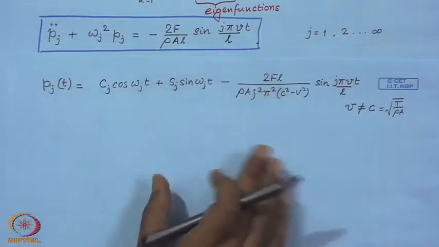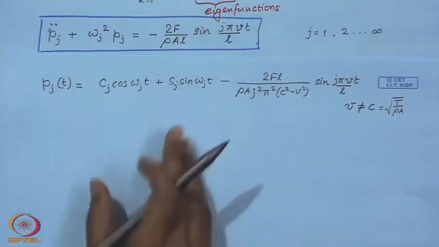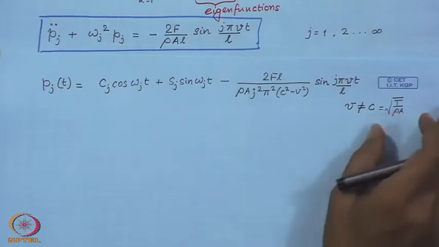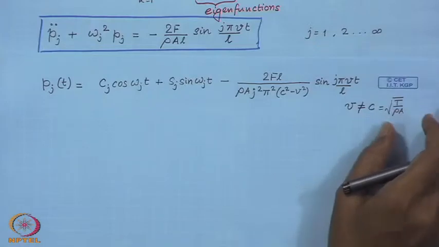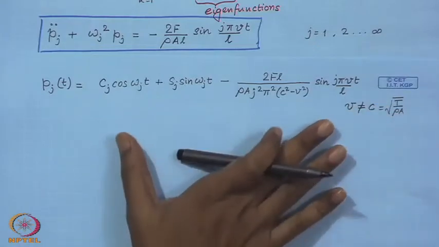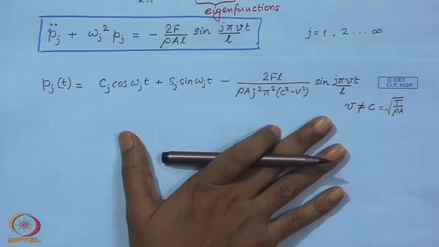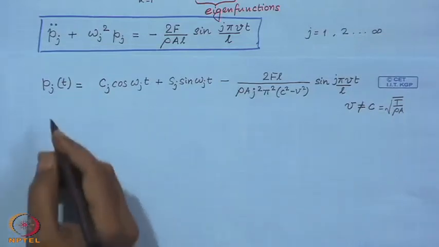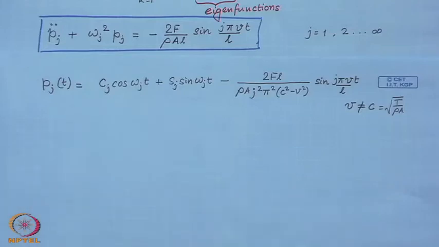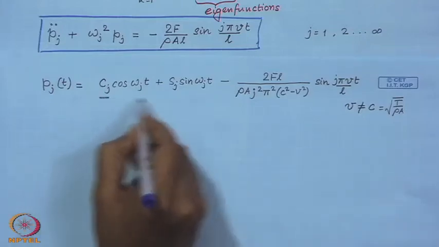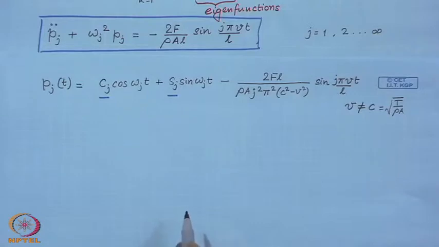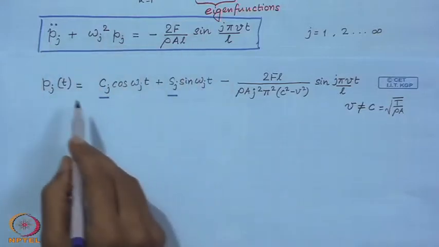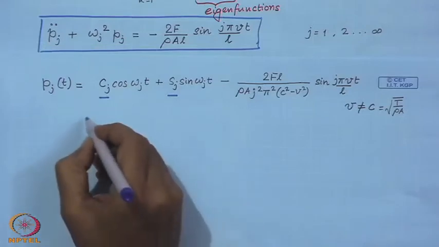This solution is valid as long as V is not equal to C. You can also find out the resonant solution using the standard techniques that you have studied in a course on discrete vibration. Now, this is a solution form, and therefore, here these are unknown coefficients which form the homogeneous solution of this system, which have to be found out from the initial conditions.